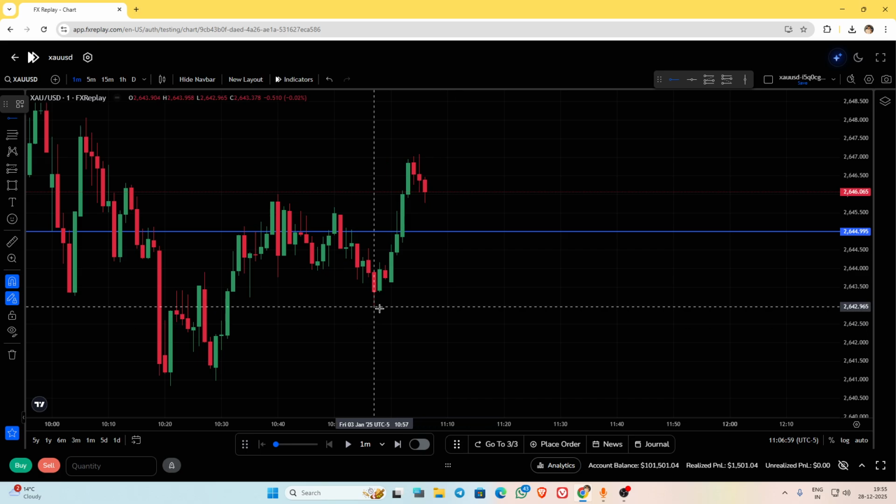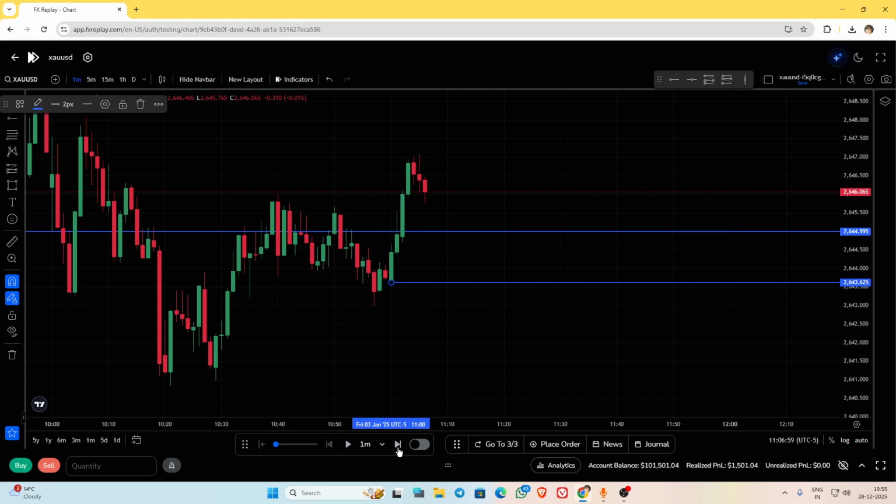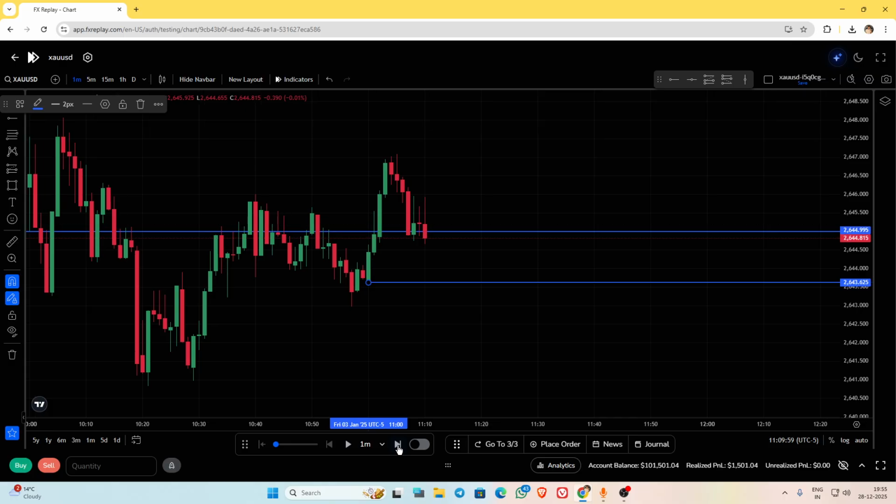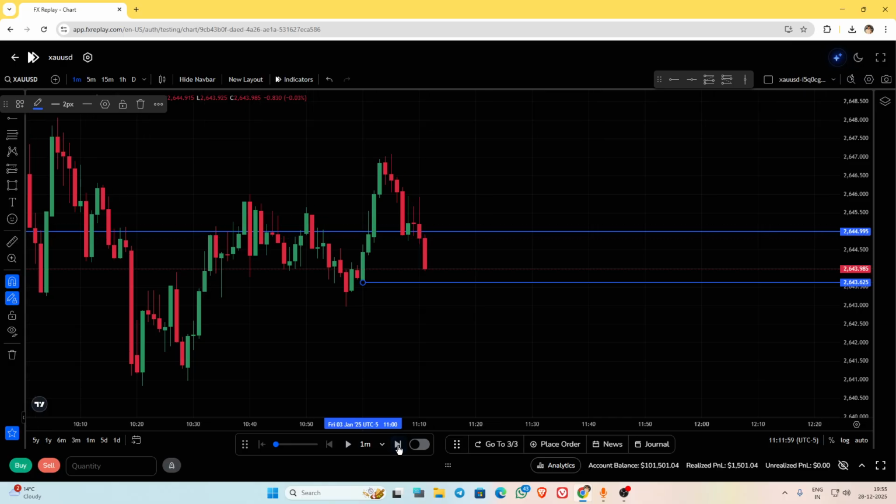So let's mark this point and wait for the candle to close below this. Okay, so we have closed below this swing formation, so this becomes a swing formation. We have a first swing, then a second swing. So this is already a change in state of delivery.